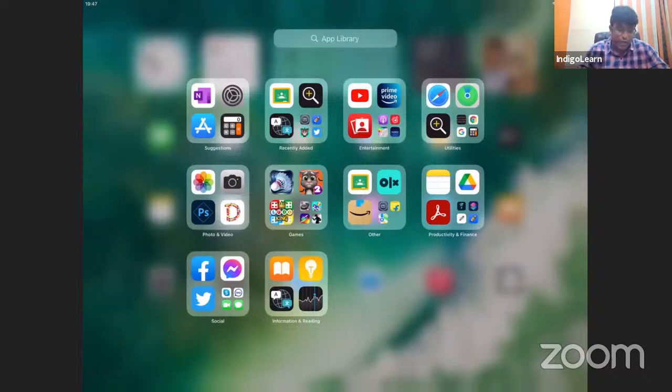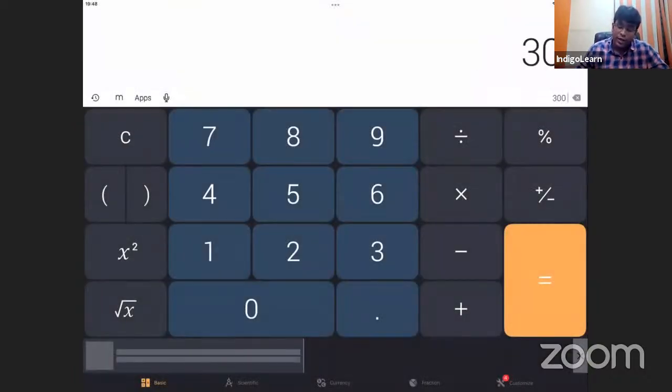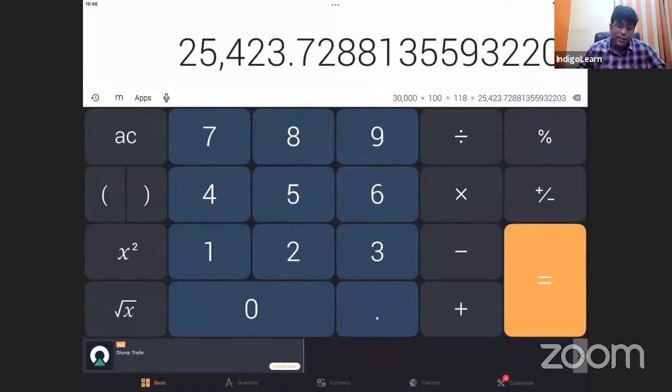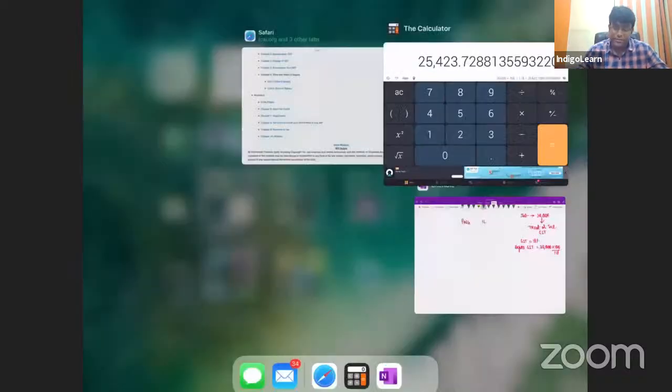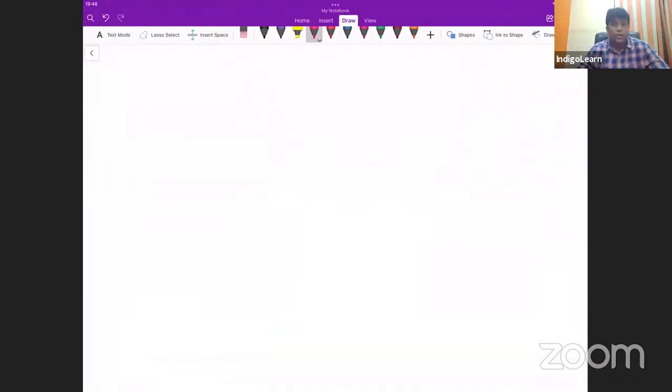Let me show you the working, don't worry. 30,000 into 100 divided by 118. This is coming to 25,423.7. So let's take it as 25,424. So the value before GST is what? 25,424. Correct, no?